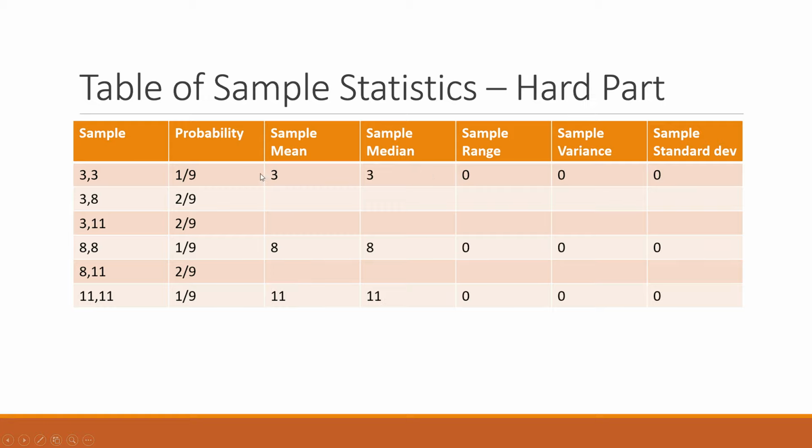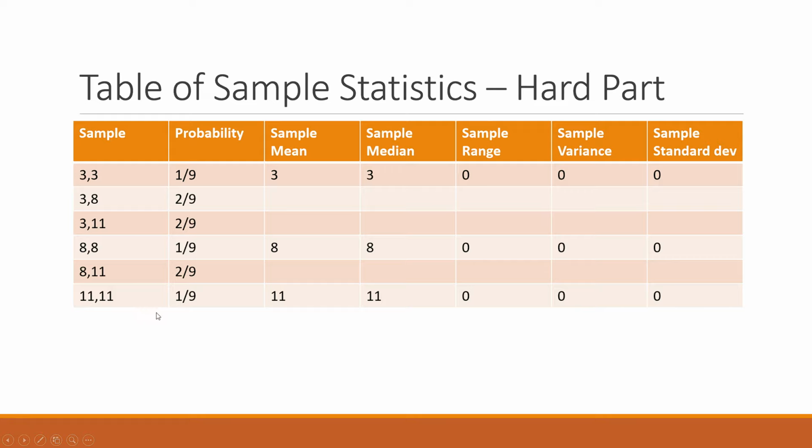I'll go ahead and do the hard part here. The mean of a sample of 3 and 3 is 3. You take all your numbers, add them up, divide by the number of values you have, and you've got 3 as your mean. The middlemost number is also 3. The range is nothing because the minimum is the maximum. There is no variation, no variance, no standard deviation. So all that's pretty straightforward.